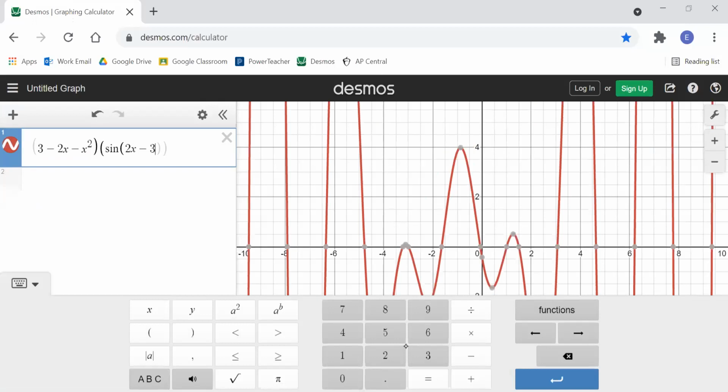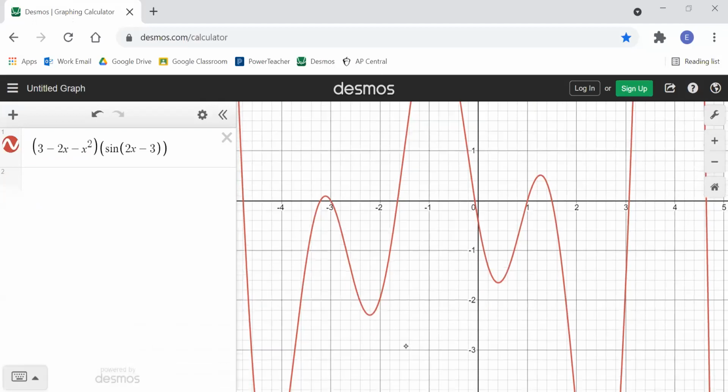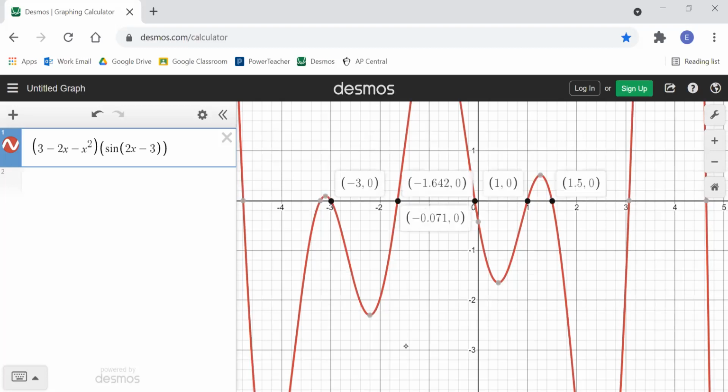I don't know why that box keeps popping up. So we look at it from -4 to 2. Looks like it crosses through the x-axis once, twice, 3 times, 4 times, 5 times, 6 times. So 6 local extrema.